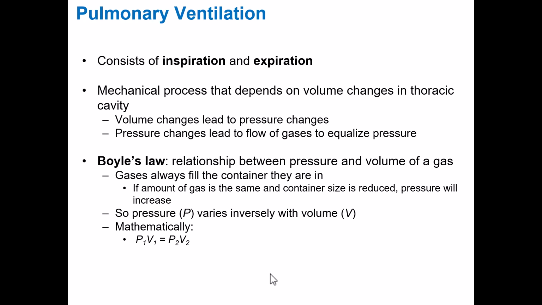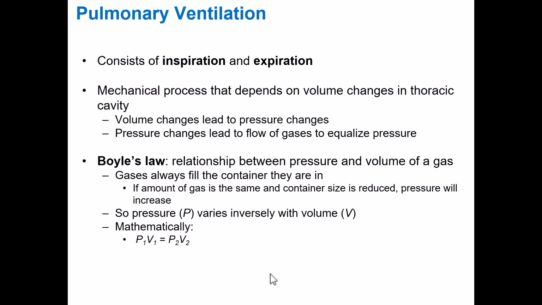If you took general chemistry, this may sound familiar to you. Boyle's law. It's talking about the relationship between pressure and volume of a gas. So gases are always going to fill a container that they're in, and they're always going to be pushing on the walls of that container. That's the pressure of those gases within that container.